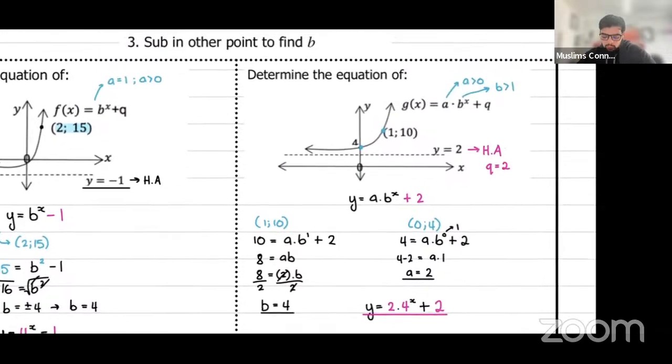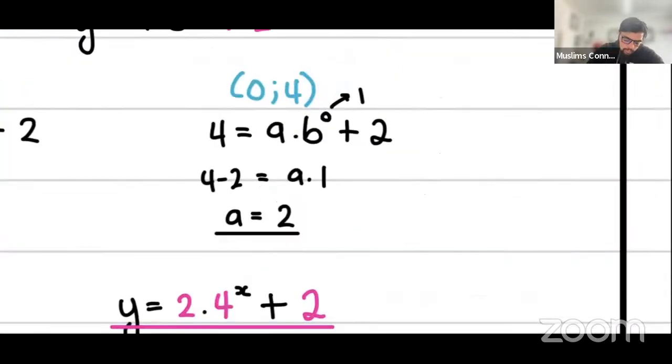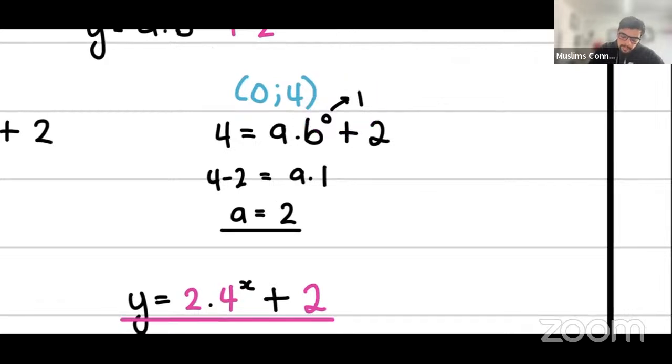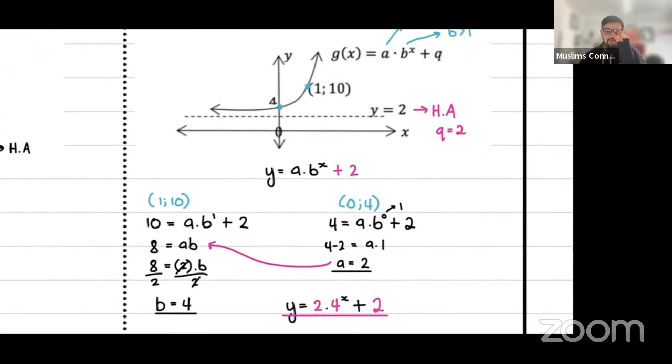If a is unknown, sub in the y-intercept, because with the y-intercept x is always 0, and anything to the power of 0 is 1. Technically you could do it either way. Once we solve for a, we sub it into the other equation. It's essentially two unknowns, and they give us two coordinates.